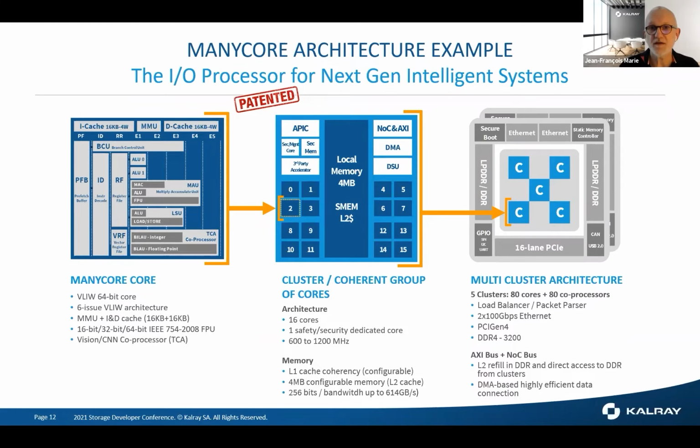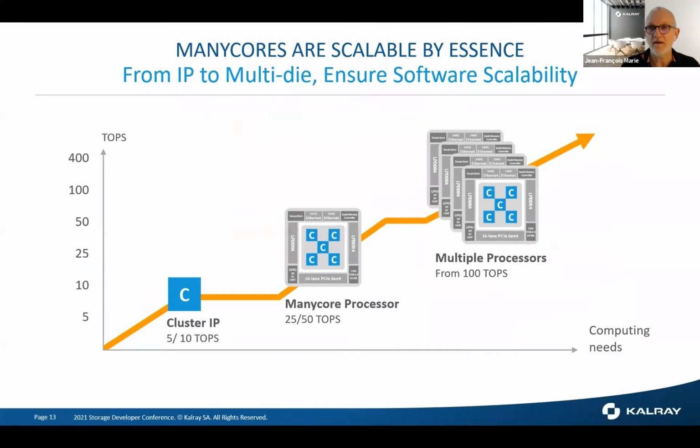And what is interesting in that grouping is that it provides an infinite scale. So I can take one core because it's good enough, or I can put one cluster on my card. But I can also take the processor and group the processors all together. I can build PCI cards, with 4 or more cards all together.